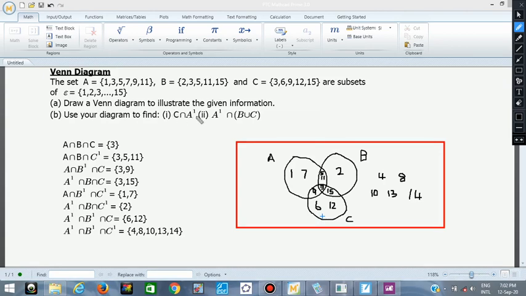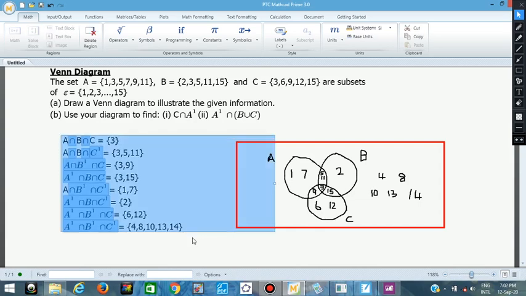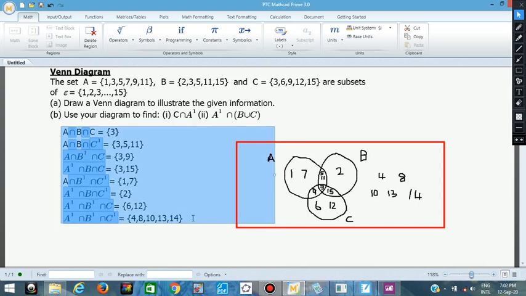And what does this question say we should do here? The question says we should answer C intersection A prime. So if I put C intersection A prime here, okay, let me do it here.